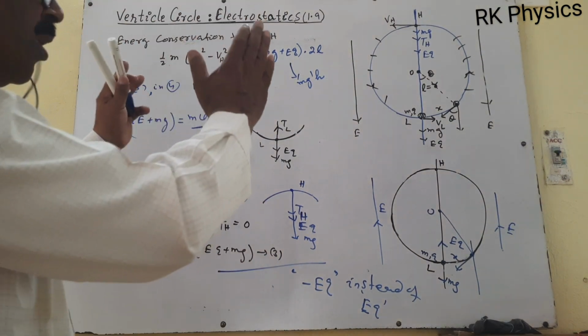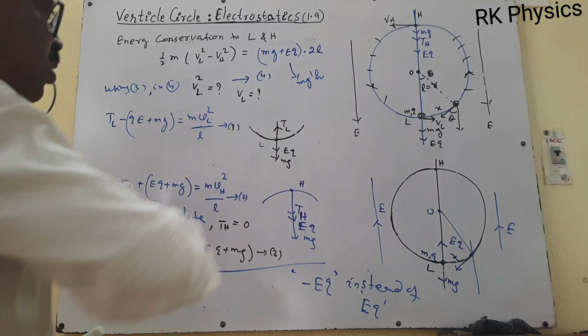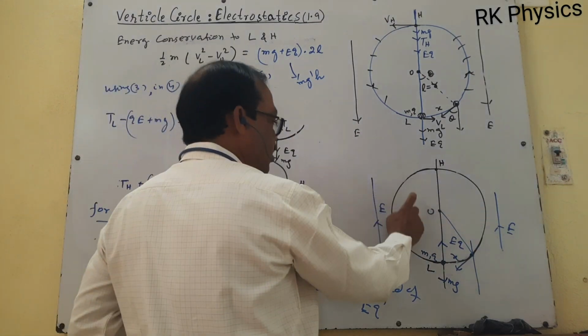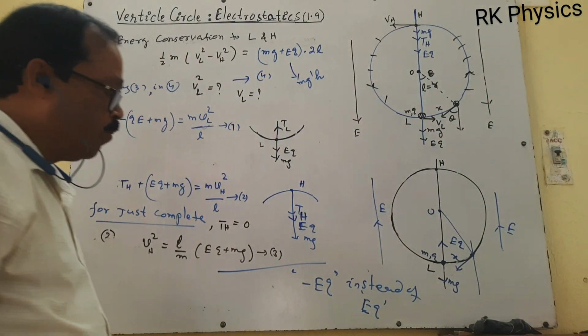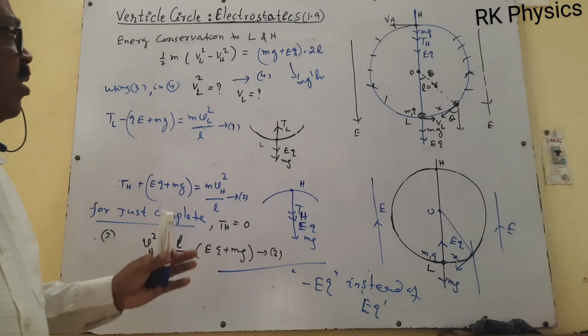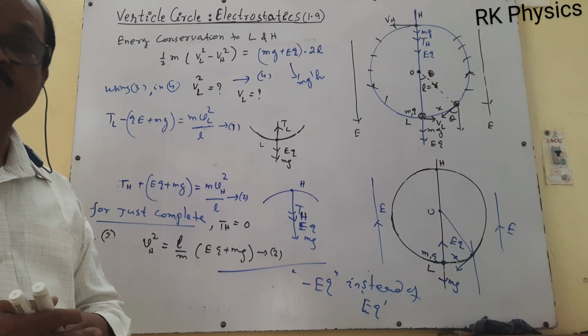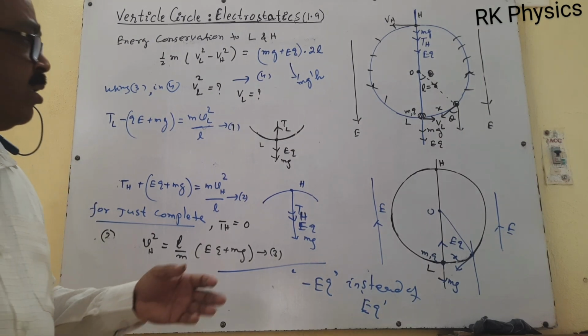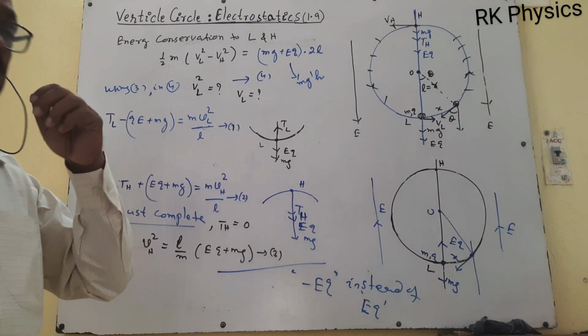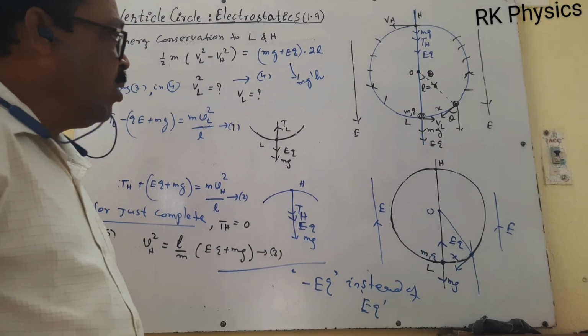Whenever there is EQ, you put minus EQ, so you will get all the answers in this case. Okay, now this is again a mechanical application of electrostatics, an application to vertical circular motion.